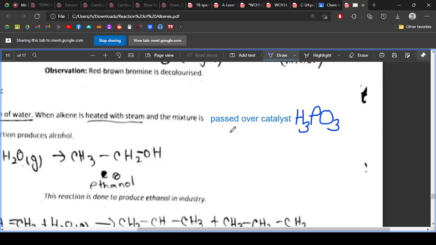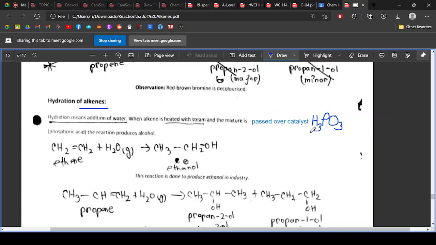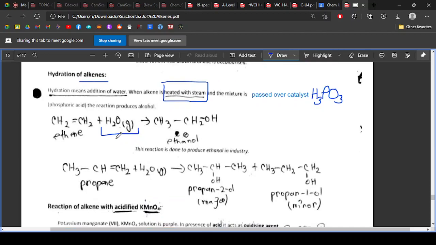So this is phosphorus acid. Here, when you take alkenes and heat them with steam, that is H2O in gaseous state, what happens? They turn into alcohol. Do you see that?